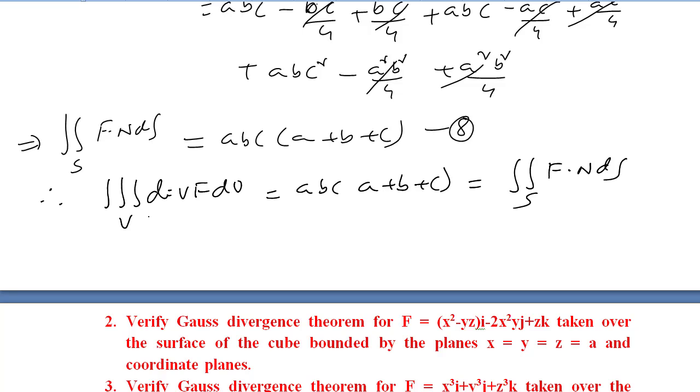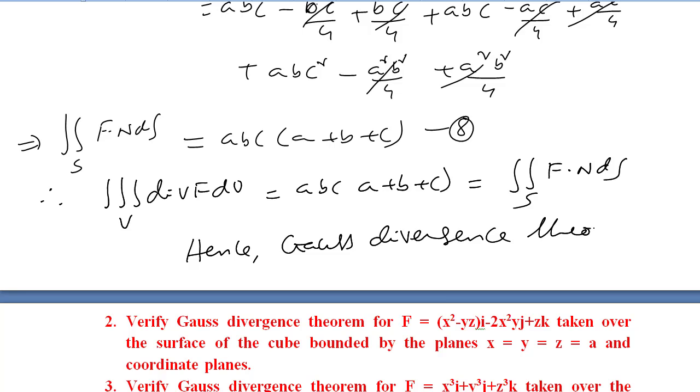Triple integral of divergence of f dv equals double integral of f dot n ds. Hence Gauss divergence theorem is verified. This is a most important question from the examination point of view.